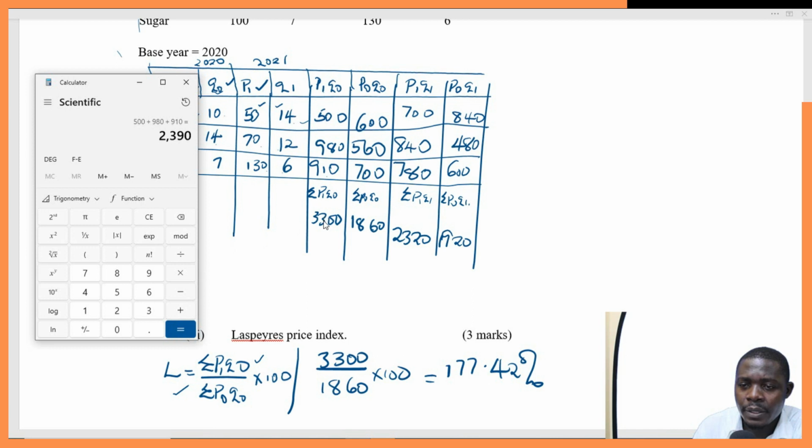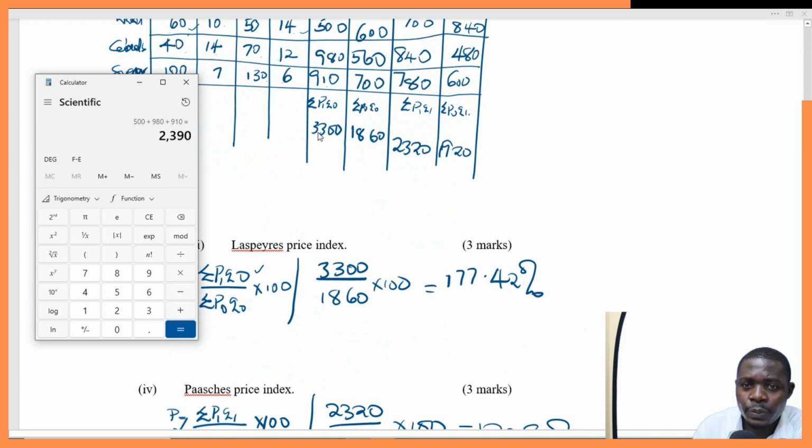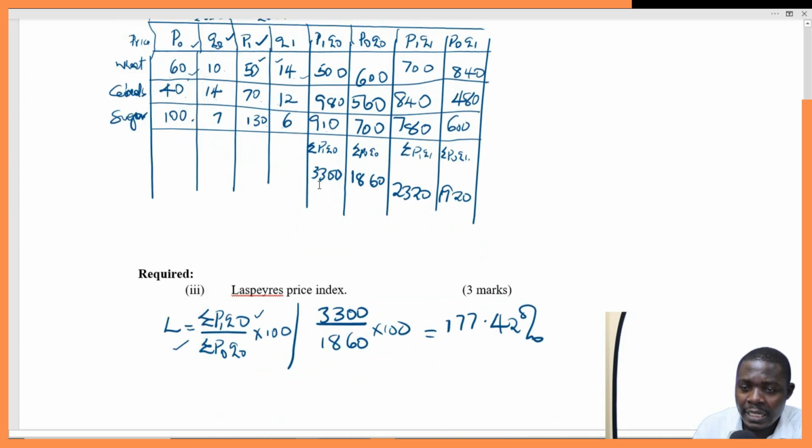Yes, the figures were not true. It should be 2390, not 33,000. Now we change this one, meaning the answer here will be different.